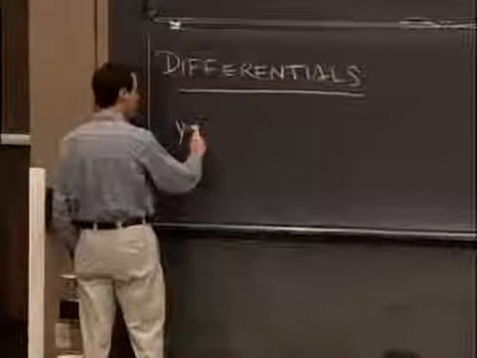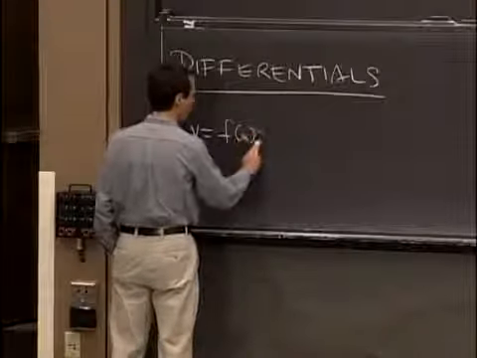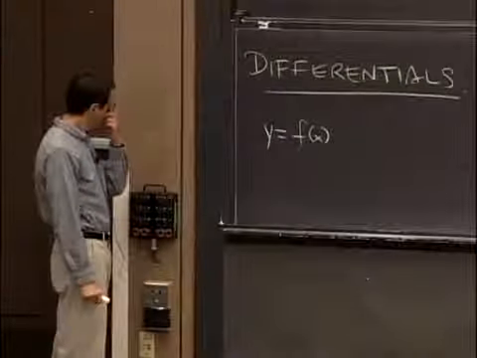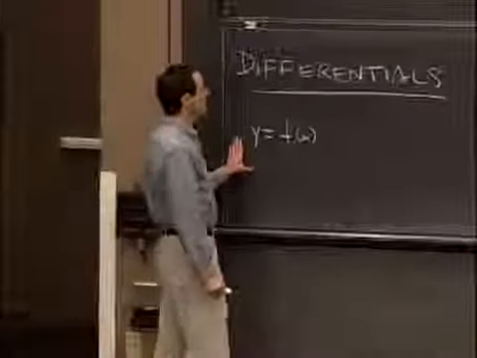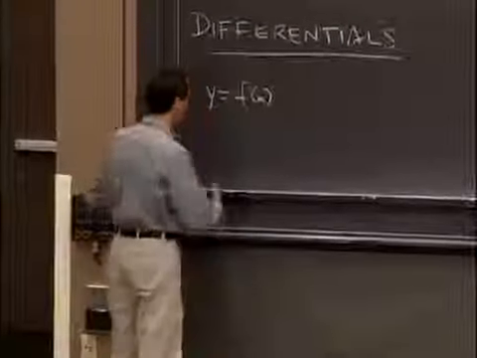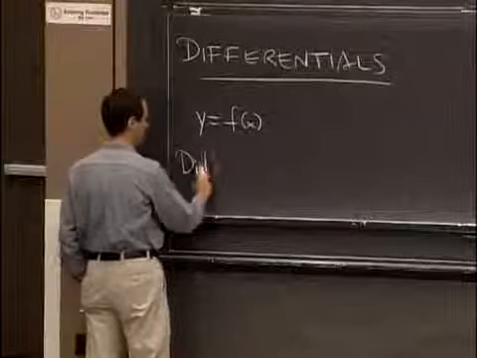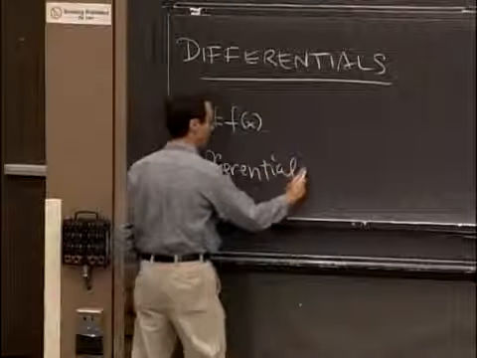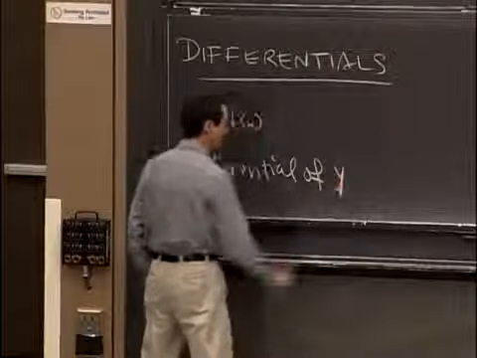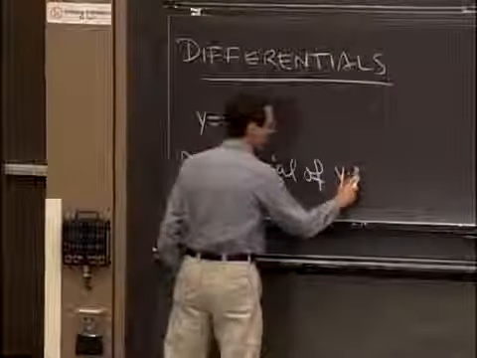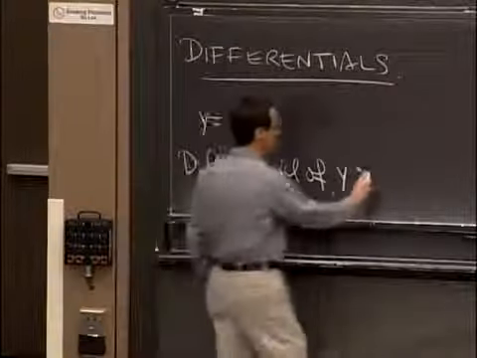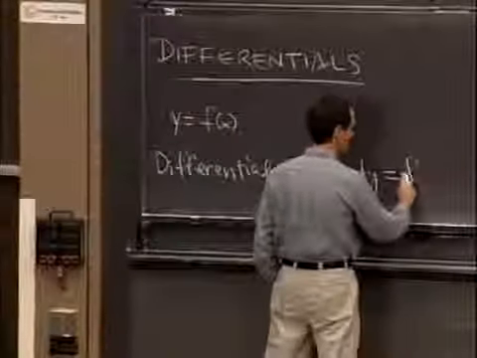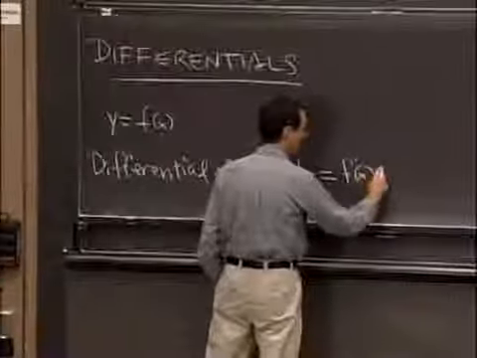If you have a function y equals f of x, then the differential of y is going to be denoted dy, and it's by definition f prime of x dx.